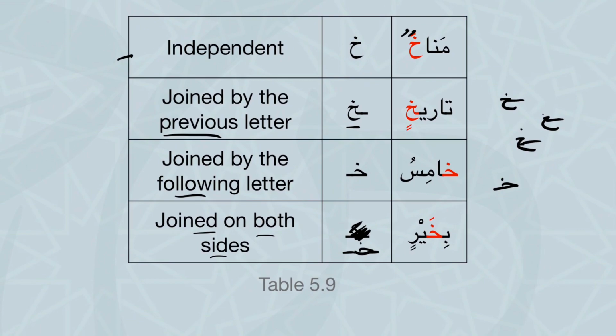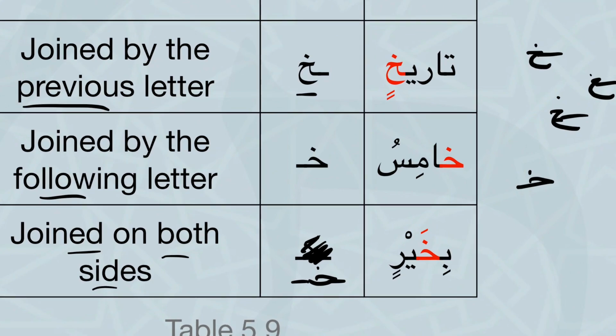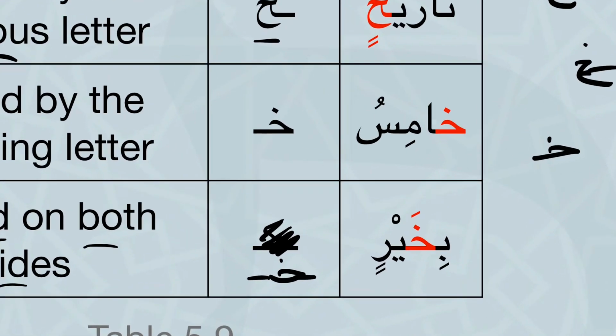Let's read those. Kha has fatha, and it has an alif after it, so it's a long ah sound. The meem has kasra, so it's khami, and the sin has dhamma, so it's khamisu. The last one here: the b has a kasra, so it's bi.